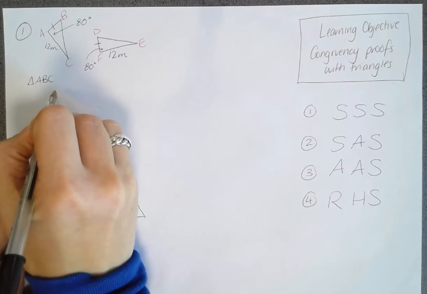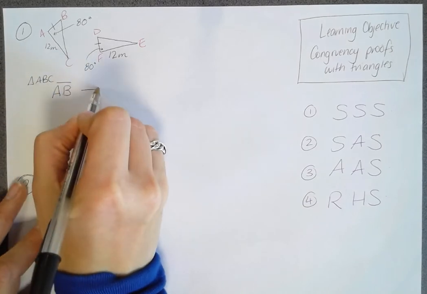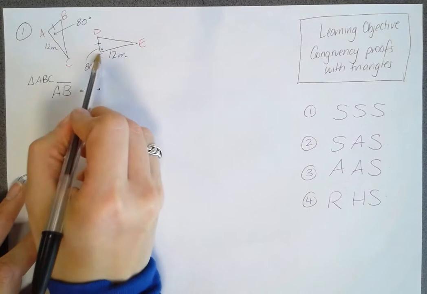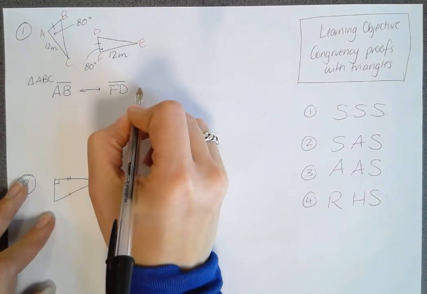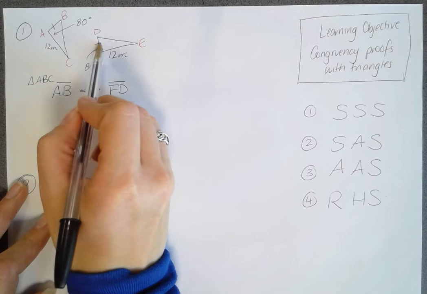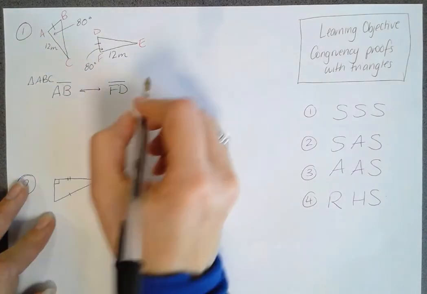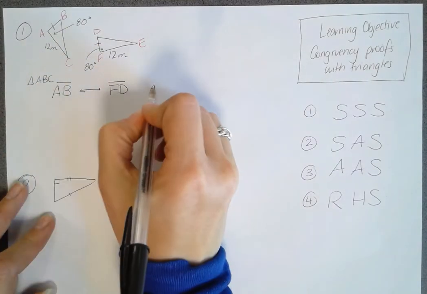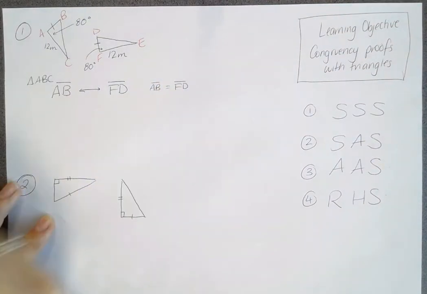We have to make sure we go in the right order. So side AB corresponds to FD, and we're not sure how big it is, it just has a dash, but we know that they're the same, and they are equal. So we can actually say AB is equal to FD.